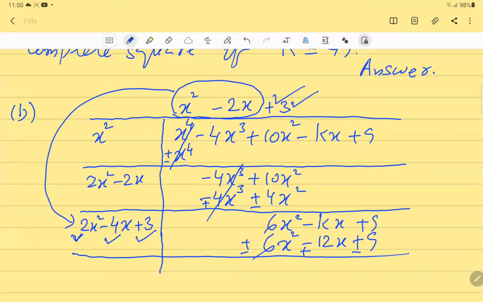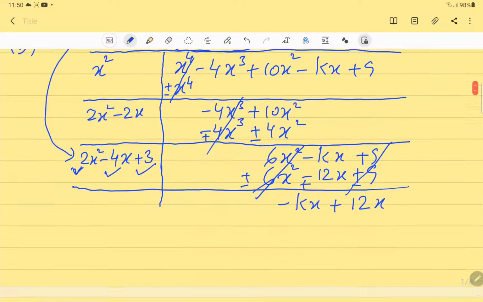And when we subtract, all the signs will reverse. This will cancel, this will cancel. And we will have minus kx plus 12x.